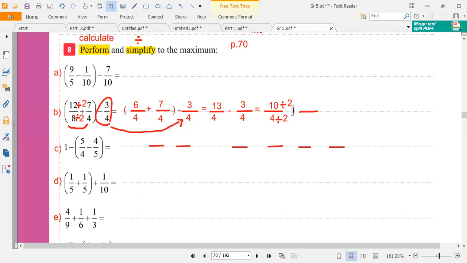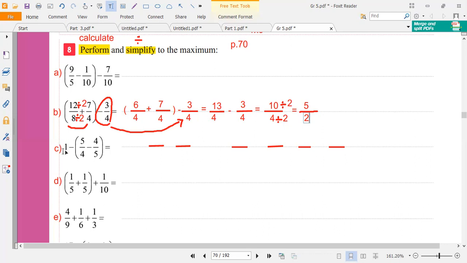And 10 divided by 2 equals 5, and 4 divided by 2 equals 2. And after we get the answer, we have to think also if we can simplify. We have 5 halves, so we cannot simplify, not by 2, nor by 3, nor by 4, nor by 5. So it is the answer.